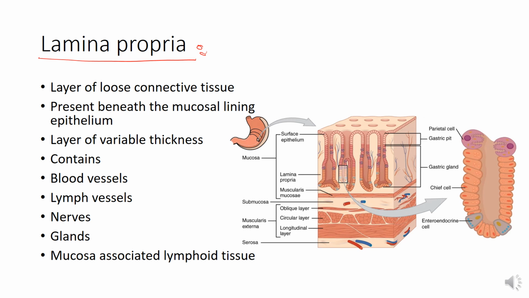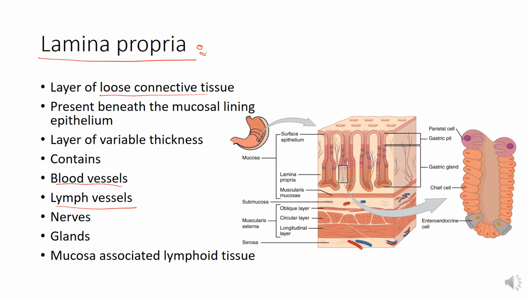Apart from the loose connective tissue components, it contains the blood vessels which supply blood to the avascular overlying epithelium, and the lymphatic channels, lymphatic capillaries, which collect the lymph, as well as absorb the fat in the small intestine.